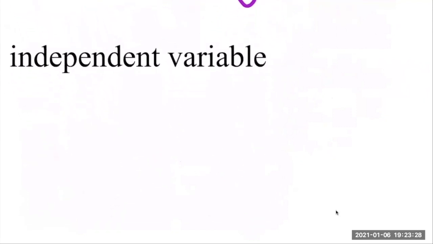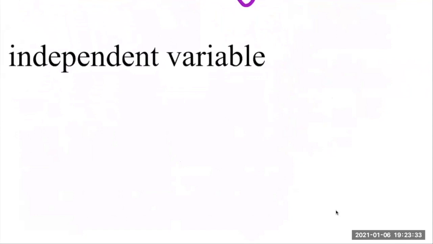Next up, independent and dependent variables. So again, these are terms that you've probably heard in science classes, and I know you've definitely heard them in math classes before as well. So the independent variable is the variable that represents the input values of a function.